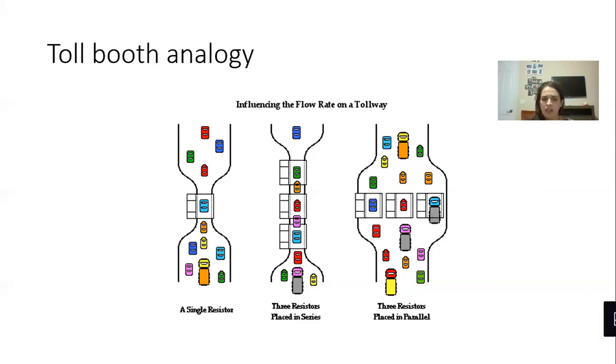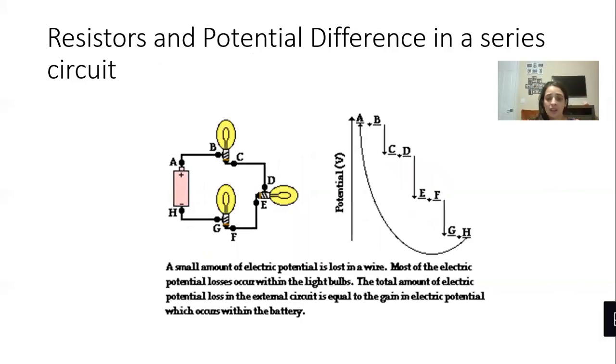Hopefully this analogy helps you understand a little better the relationship between resistance and current. I understand that it can be a little confusing, so I just wanted to make sure I could explain it in another way. Another way I wanted to relate these quantities is by discussing potential difference. I made an analogy a while ago of how potential difference was like going on an escalator.